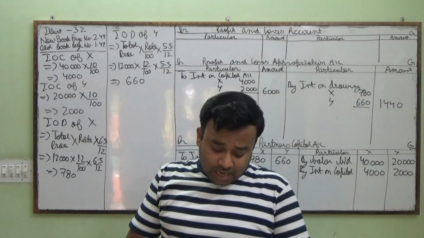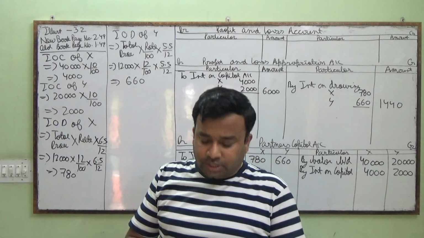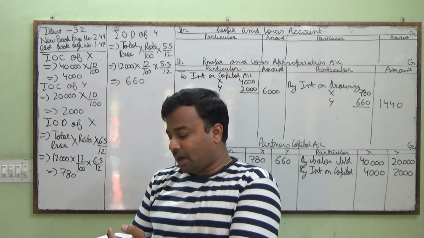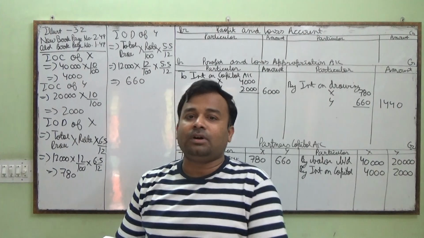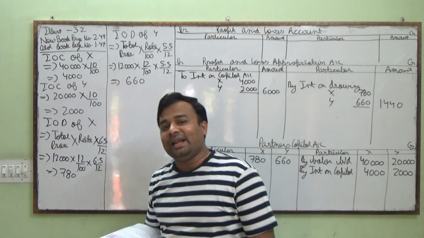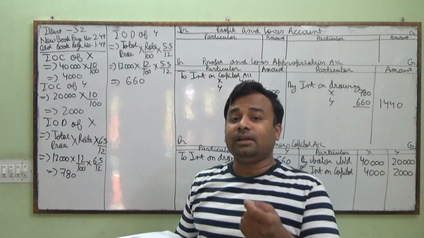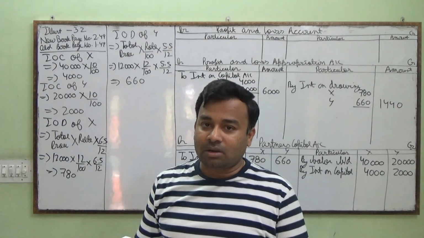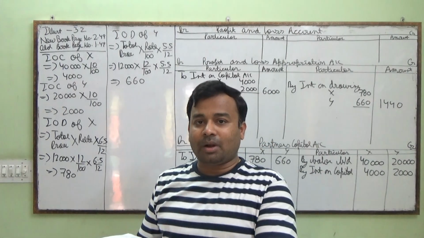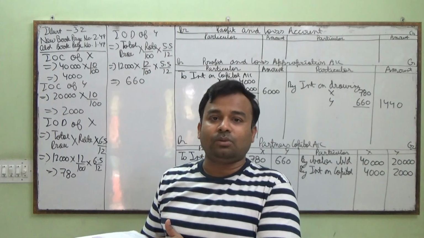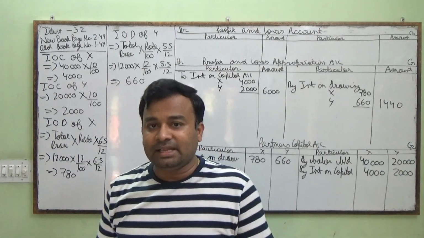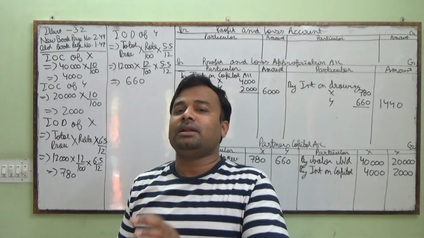Next, X also advanced a loan of 10,000 to the firm. When a partner gives a loan to the firm, the partner is entitled to receive interest on this loan. At what rate? The rate mentioned in the partnership deed, or the rate mentioned in the question, or in case of silence, 6% per annum.